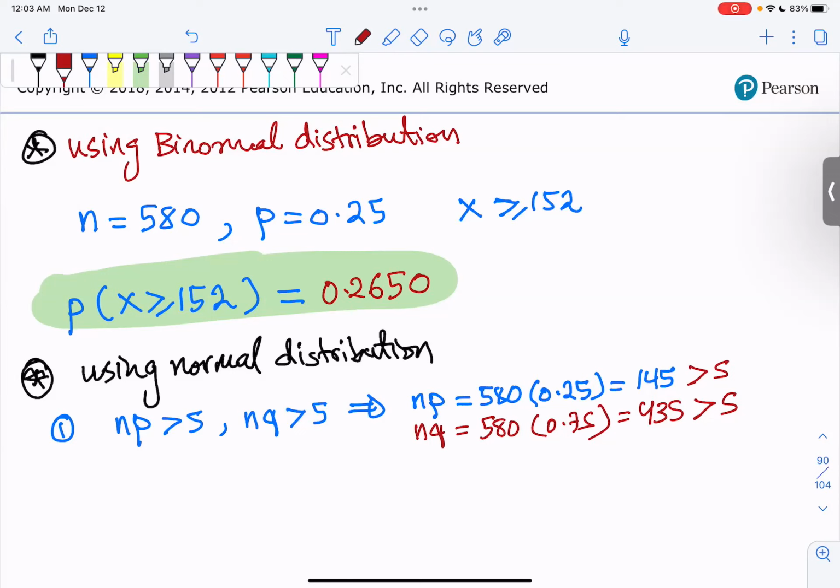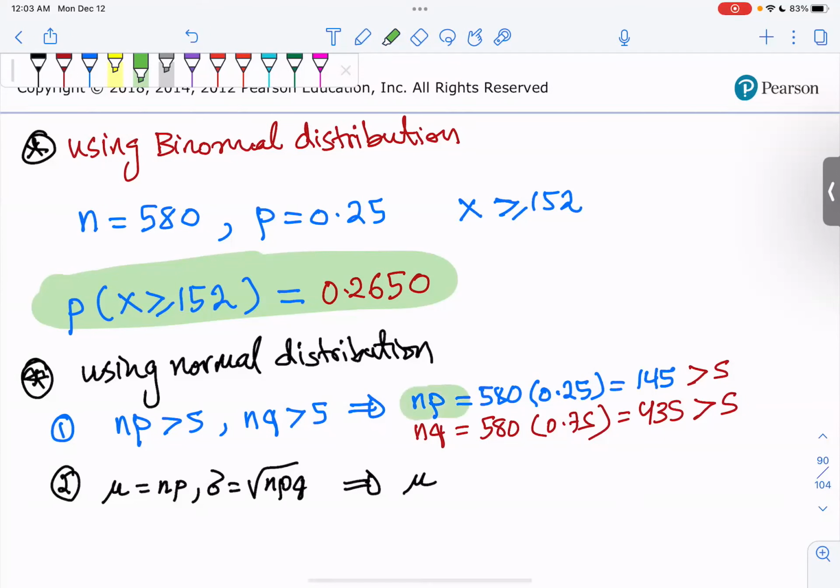And then we have to find mu and sigma. So the second step here: find mu, which is np, and sigma equals the square root of npq. So mu equals np, which we already did here, so mu equals 145.